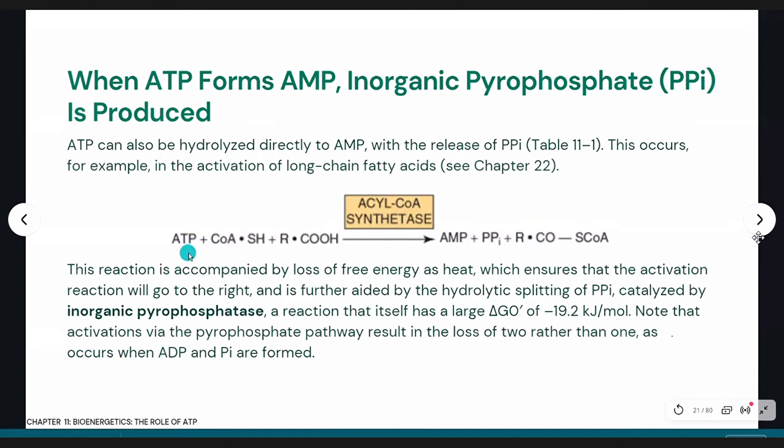The energy requirement is high because your ATP becomes AMP, as the two phosphates are removed. Now to split this, you need a pyrophosphatase to release more energy.